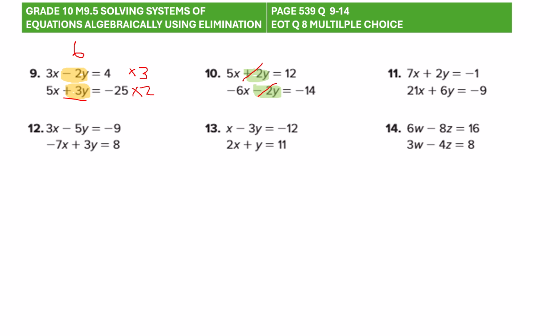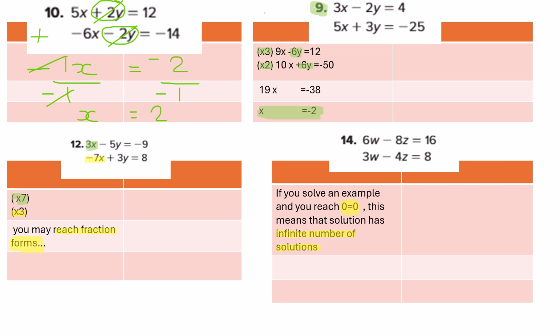In an example like number 14, if you solve the example and you read 0 is equal to 0, this means that this system has an infinite number of solutions.